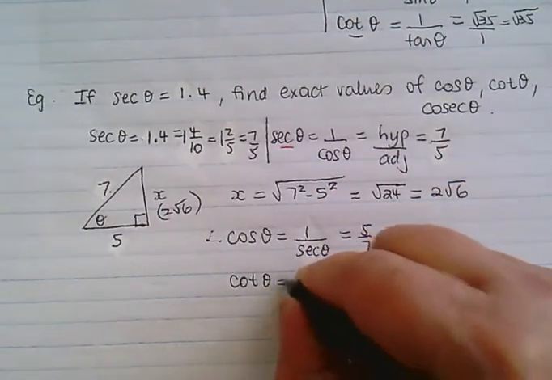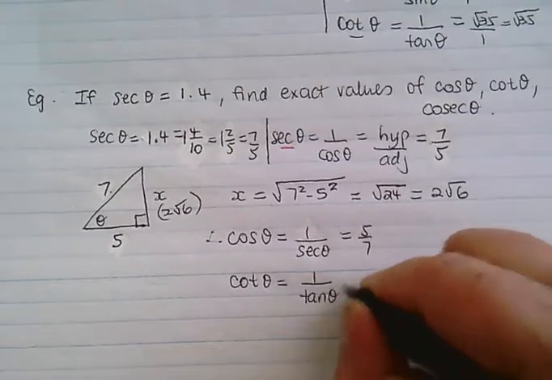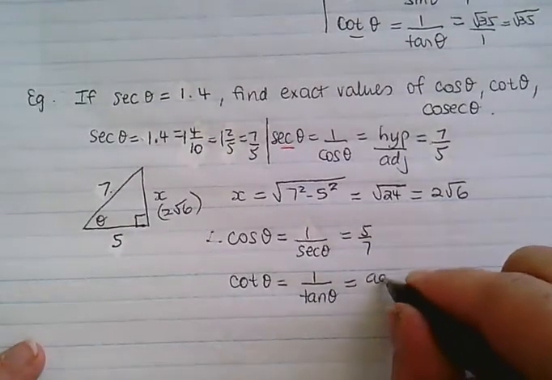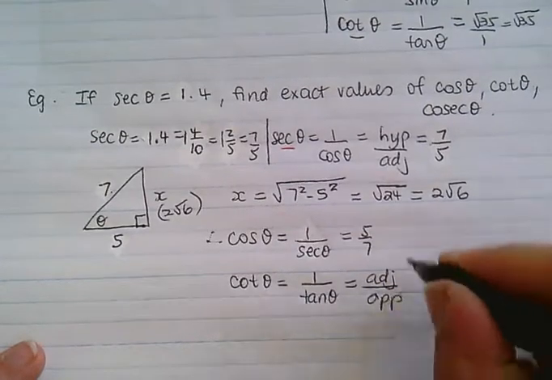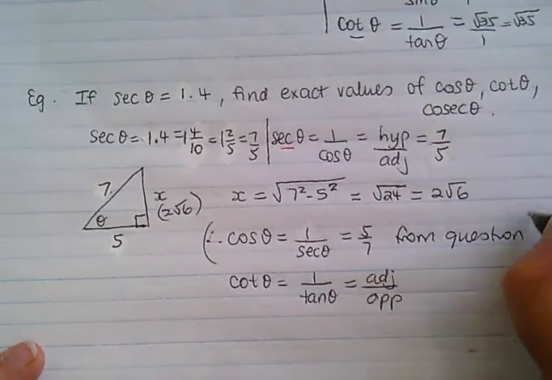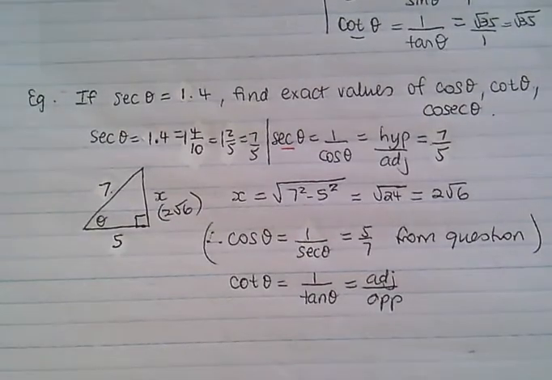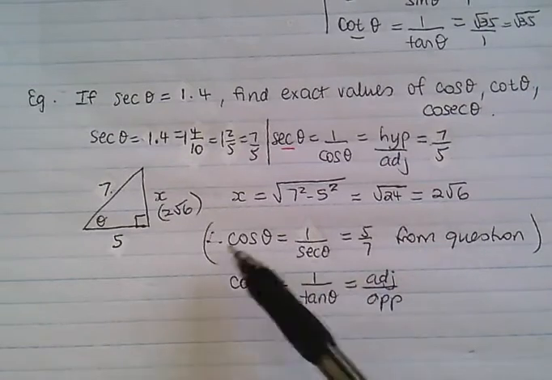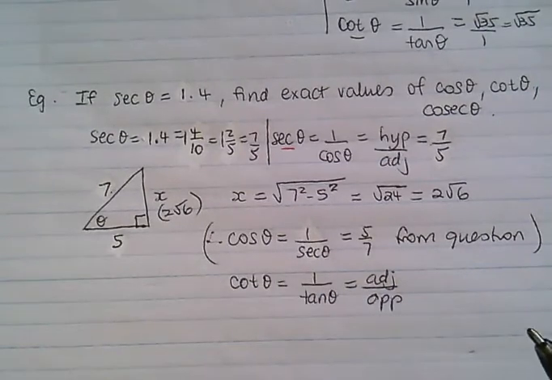Cot theta, that's the reciprocal of tan. So instead of saying opposite over adjacent, it's adjacent over opposite. You wouldn't even need the right angle triangle to do that one, because sec and cos are reciprocal ratios. Okay?